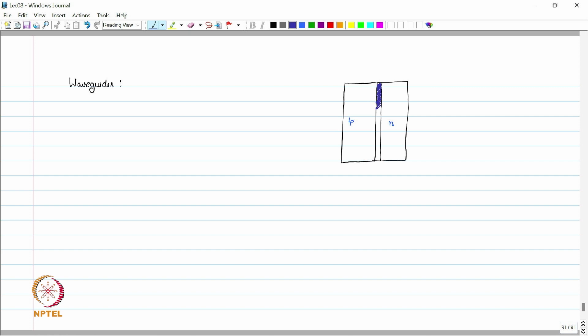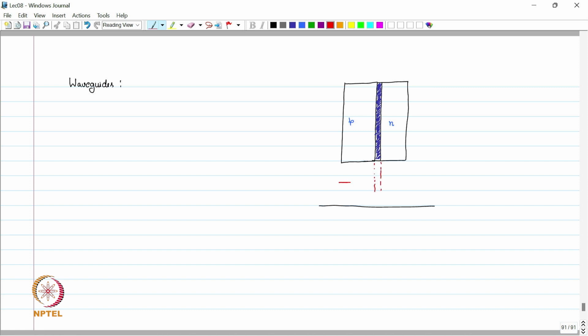This does not have any moving charge carrier available here. It means the property of this material is different than the p side and n side. So if we measure the refractive index of this material along this direction, it will come out like this.